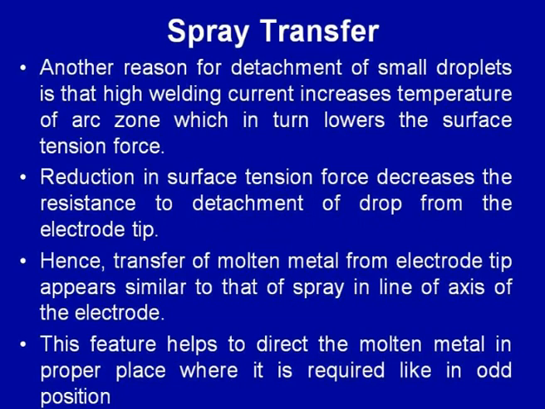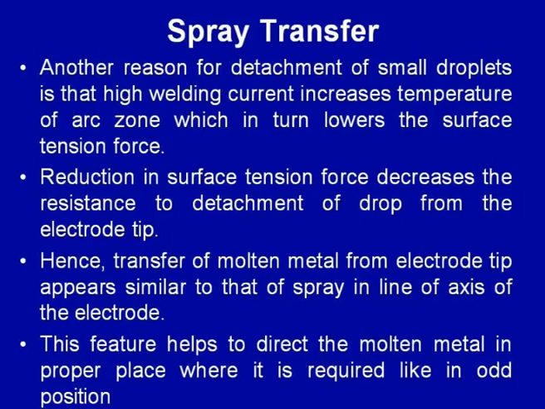Another reason for the detachment of the small droplets is that the welding current increases the temperature in the arc zone, which in turn lowers the surface tension. So, another important factor that affects the spray transfer is the surface tension, which is reduced significantly during this mode of the metal transfer because of high current.